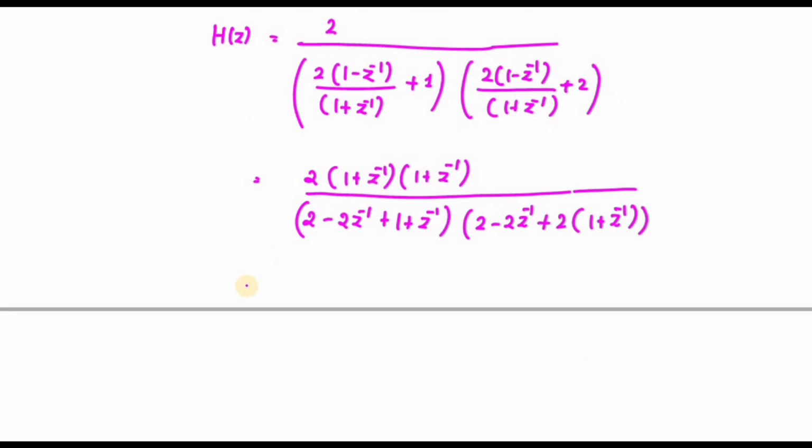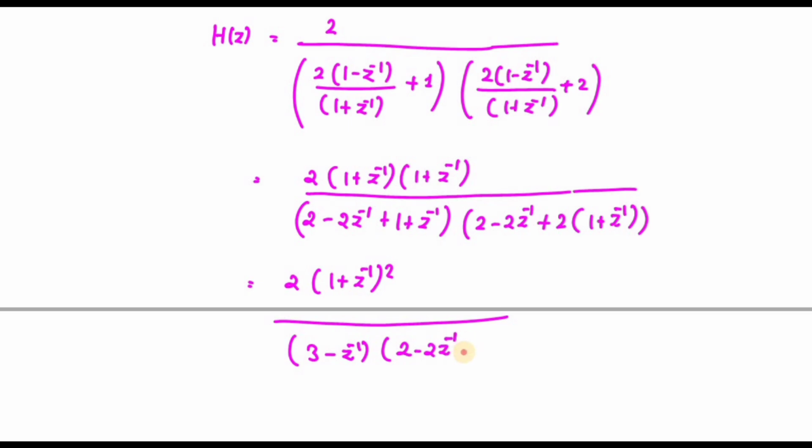Alright. So this is nothing but 2 into (1 plus z power minus 1) the whole square, divided by, I will get 3 minus z power minus 1 for this one if I solve, and this is 2 minus 2 into z power minus 1 plus 2 into z power minus 1.